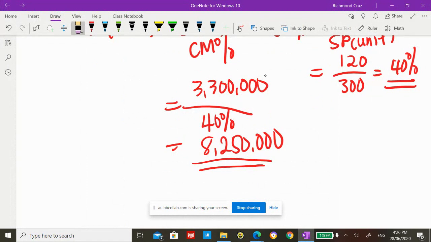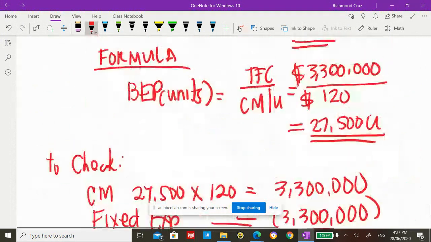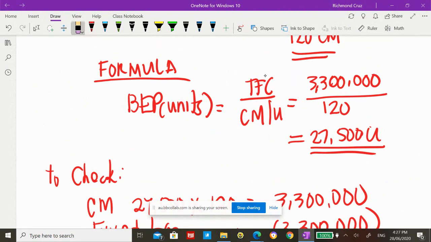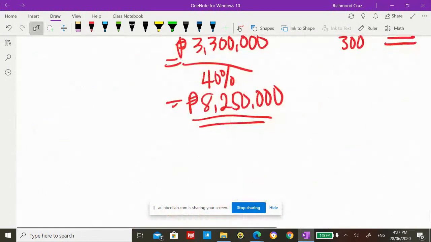So this is peso. So in order for us to break even, meaning there is no loss, there is no profit, dapat your sales should be 8,250,000.